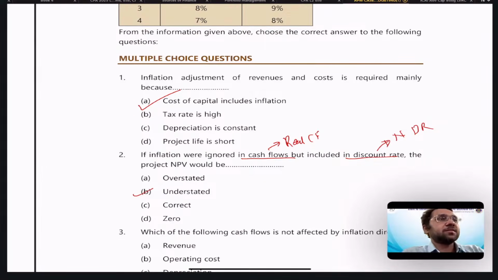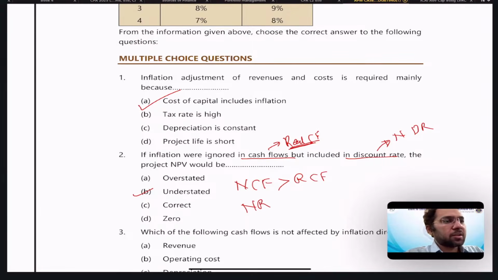Correct. Understated, yes. Because when you take the real cash flows, compared to your nominal cash flows, your real cash flows are smaller. Nominal cash flows need to be discounted by nominal rates.